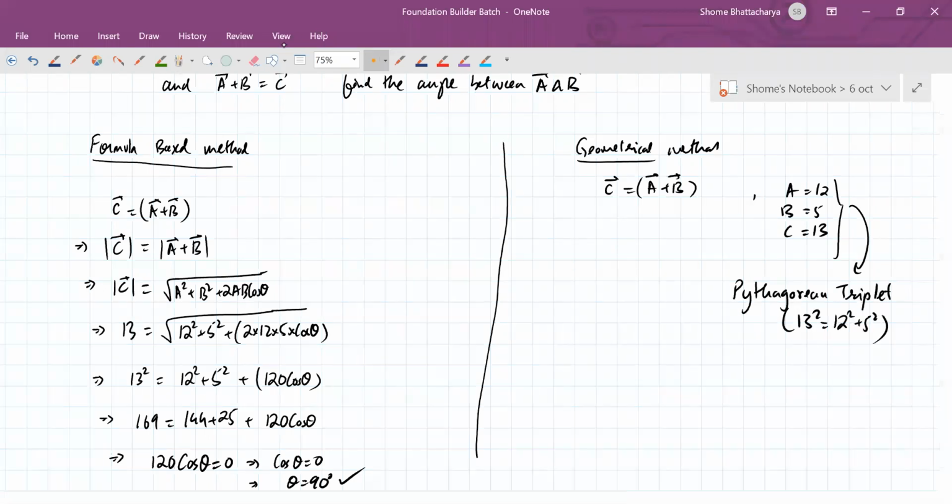So if this point strikes us before we start with the question solving, then it will be very useful, because we can directly see that we are dealing with this kind of a situation.